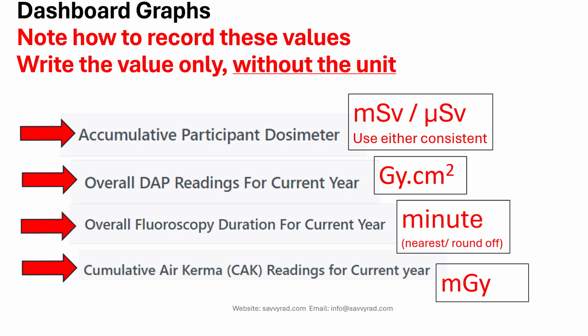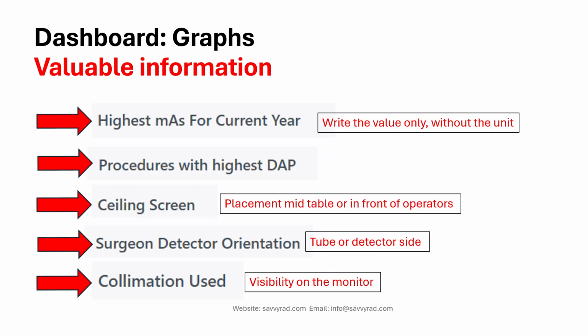The duration in minutes and rounded off to the nearest minute. And the cumulative air kerma for the current year is then in milligray. The other dashboard graphs have valuable information about the highest MAS for the year. So write the values only without the unit in every case.